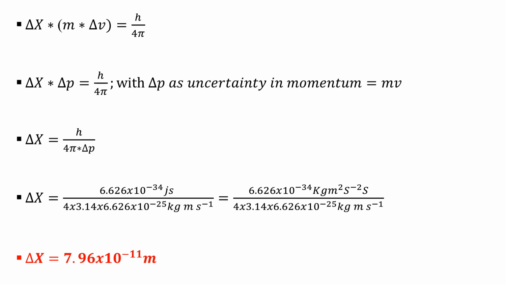So the uncertainty in position will be equal to h divided by 4π times delta p, with h the Planck constant and delta p the uncertainty in momentum. Then rearranging, calculating the terms and replacing the values, we get the uncertainty in position, which is equal to 7.96 times 10 power negative 11 meter.